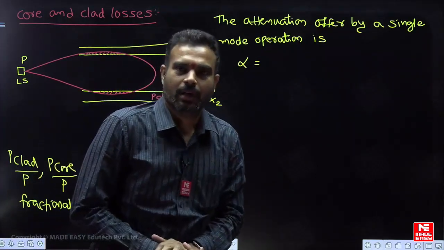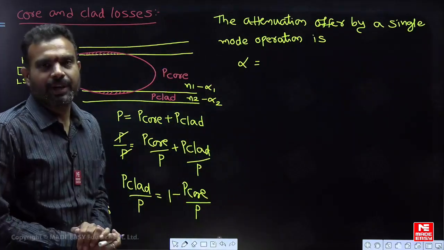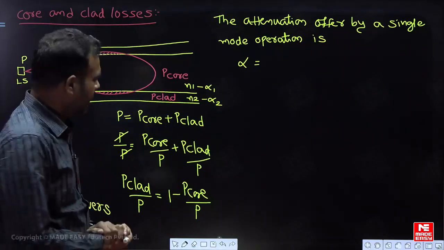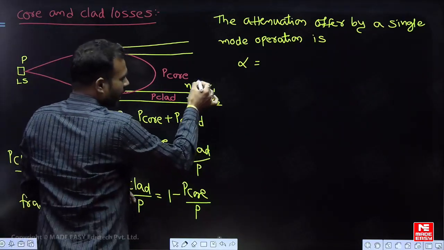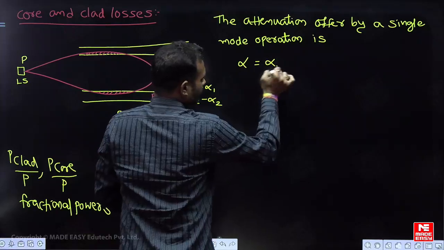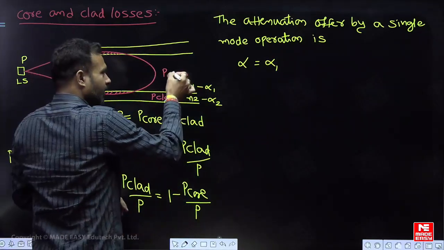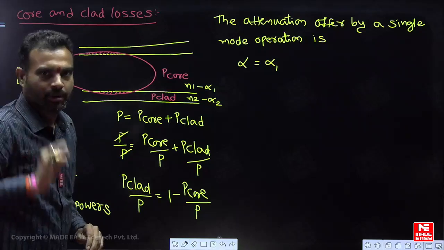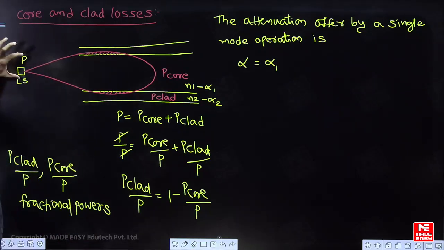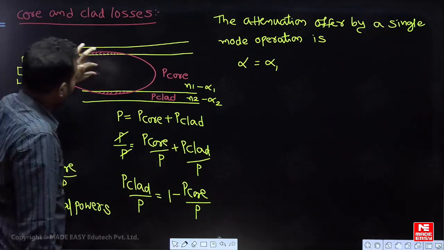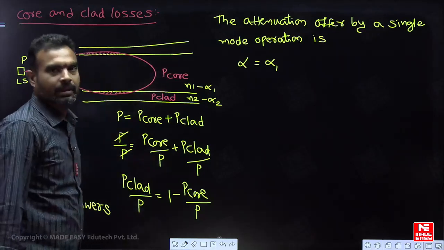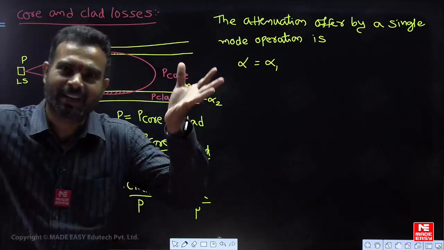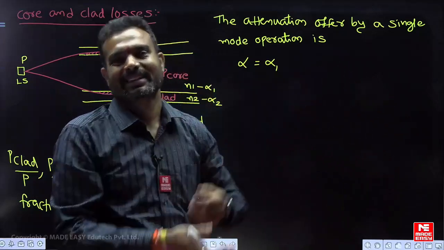How much attenuation are we getting right now? The attenuation that we are getting, see here carefully, is alpha 1. This is the attenuation offered by the core. For example, if total power P goes into the core only, then attenuation alpha is equal to alpha 1 only, because entire power is going into the core itself.